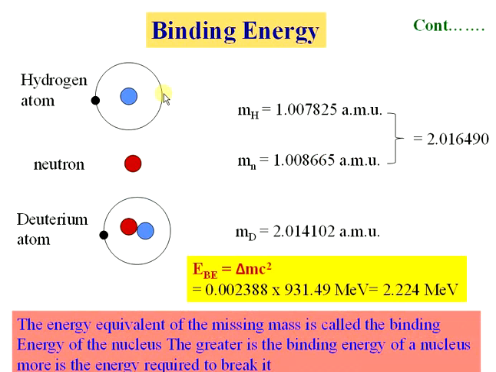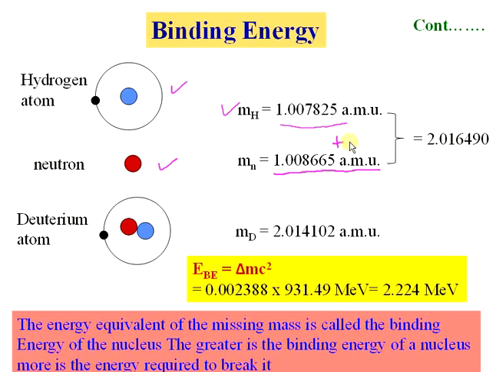Here the simplest case of the deuteron is considered, which we had already taken as an example for the mass defect. This is the simple hydrogen atom, and the mass of the hydrogen, equivalent to the mass of a proton, is 1.007825 atomic mass unit, and the mass of the neutron is 1.008665 atomic mass unit.